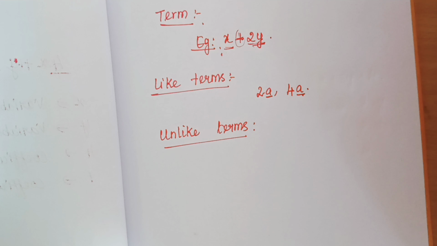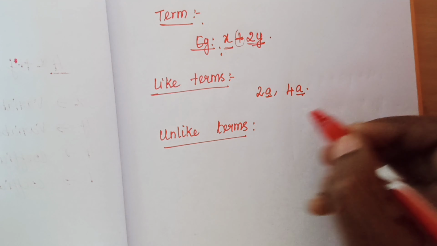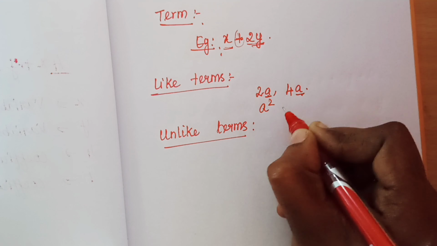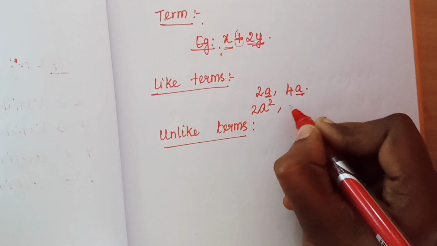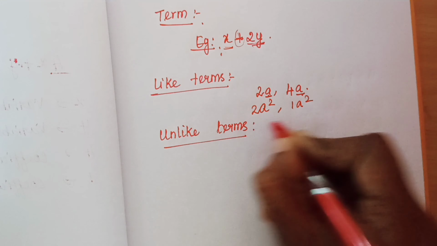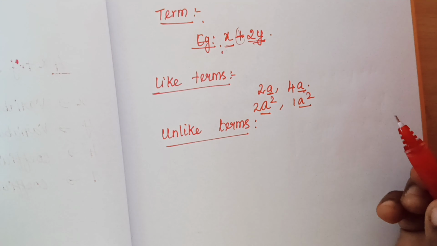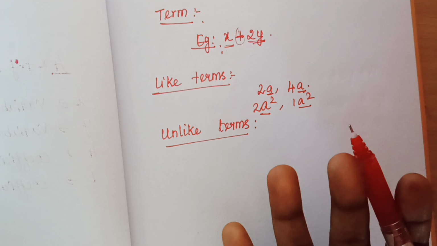No need to consider the numbers, you just have to consider the variable only. So a and a, these are your like terms. Another example, can anyone give me an example? a square, 2a square plus 1a square. This is also a like term, since you have the same variables.